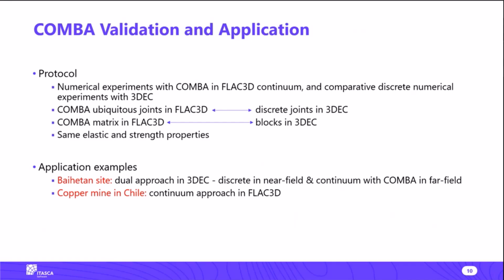In that technique, the Comba ubiquitous joints in FLAC 3D are the equivalent of the discrete joints in 3DEC, and the Comba matrix in FLAC 3D is the equivalent of the blocks in 3DEC. So in the setup of that protocol, we use the same elastic and strength properties for both the discrete and continuum approaches. We'll present two applications. One is at the Baihetan site, and the other is a situation in a copper mine in Chile.